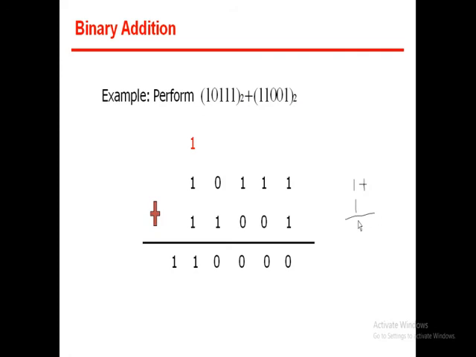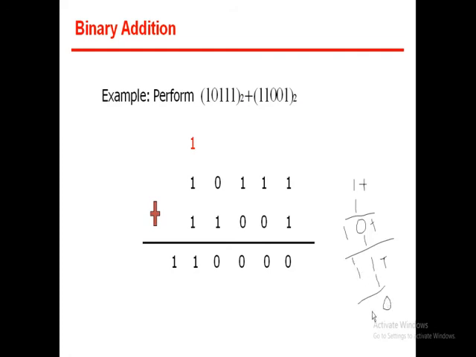We again add 10 plus 1, meaning 0 plus 1, 1, then there is no carry, so here 1, 1. Then again we are adding 1 plus 1, 0. Then there will be a carry 1. Then 1 plus 1, 0. Then there is a carry that will be written here.